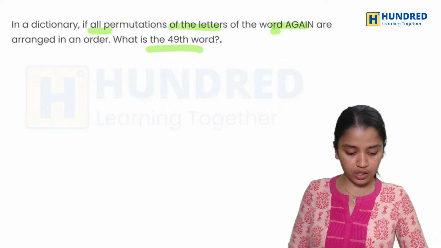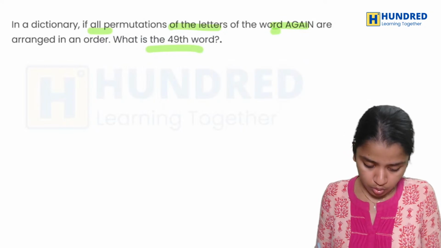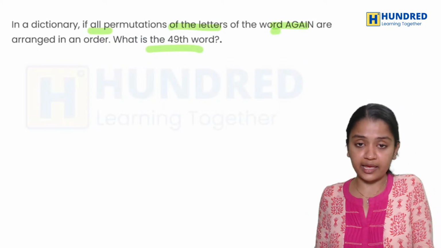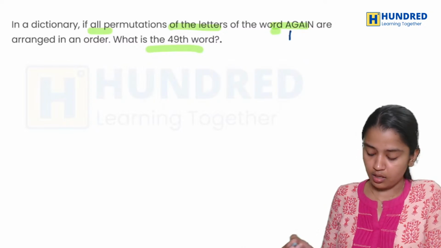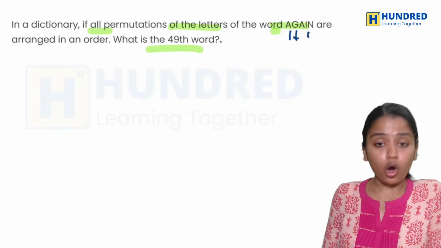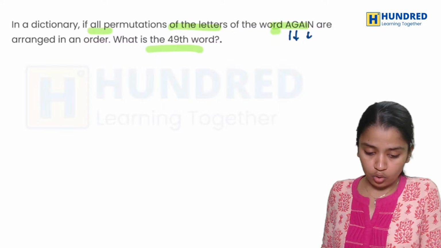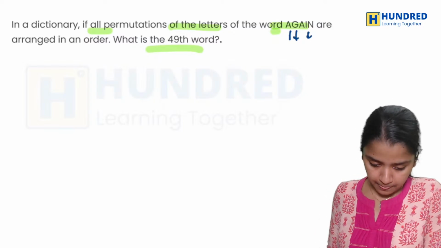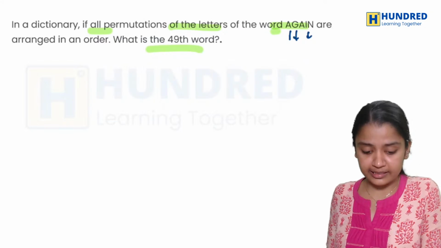So now let me arrange it. First let it start with A. So how many letters can it start with? Either it can start with A or G or I. It can also start with N.